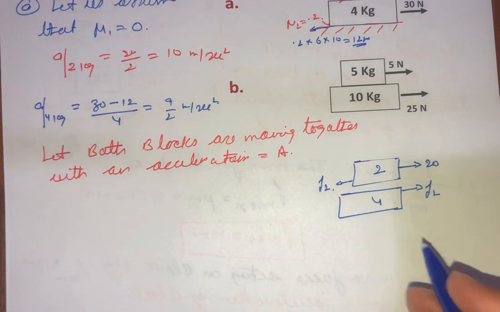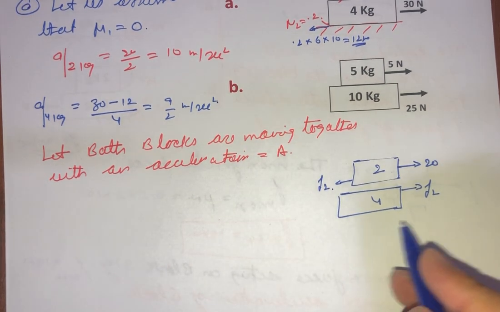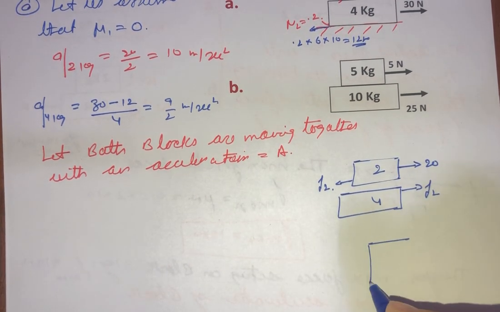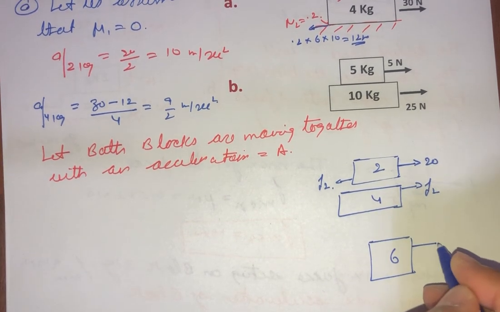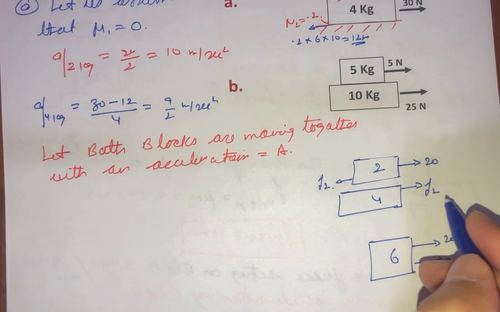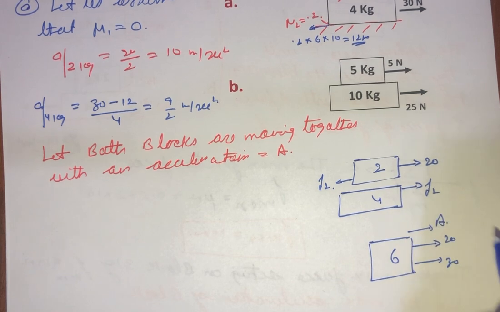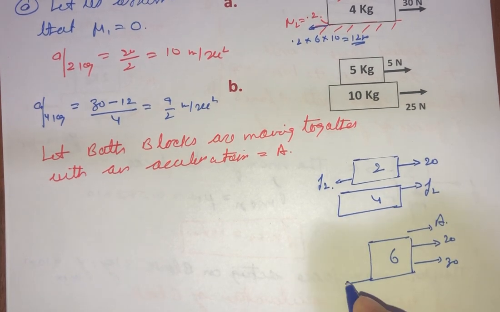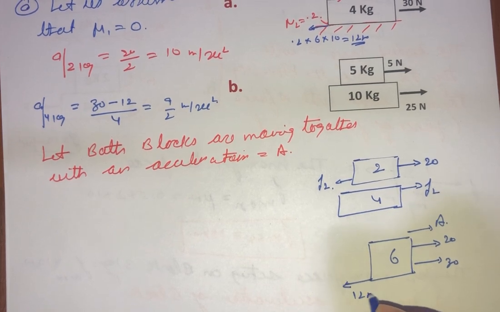Now we assumed that they are both moving together, so the total mass will be 6. The force will be 20 plus 30 Newton, and it will be moving with the acceleration of capital A, and there will be a frictional force in the opposite direction of 12 Newton.